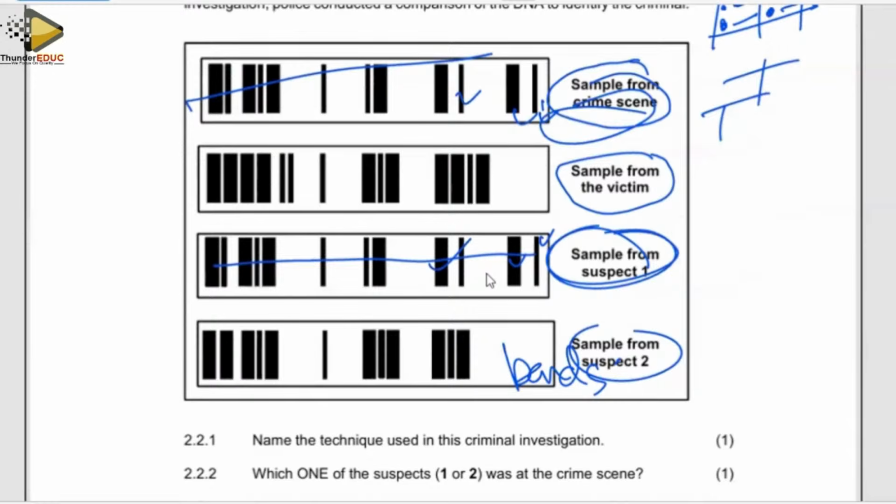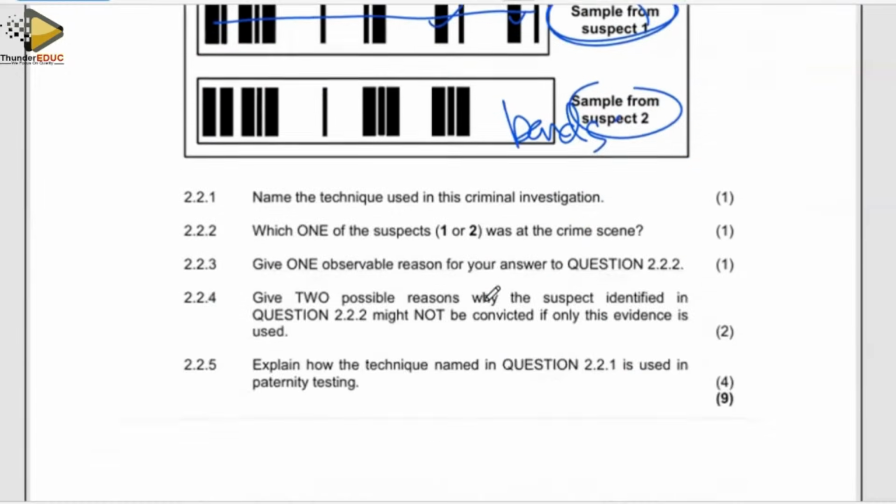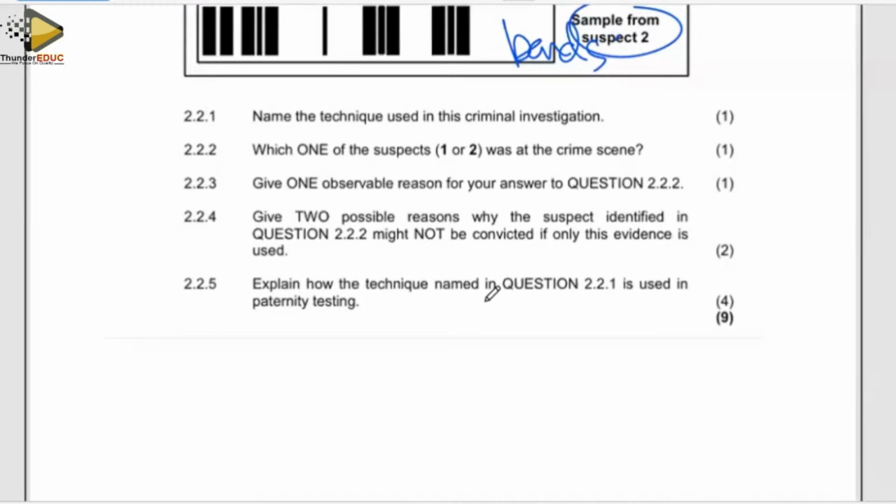You see, the DNA profile of suspect 1 is identical, or the same as that of the crime scene. So that is the reason why we gave that as the answer.